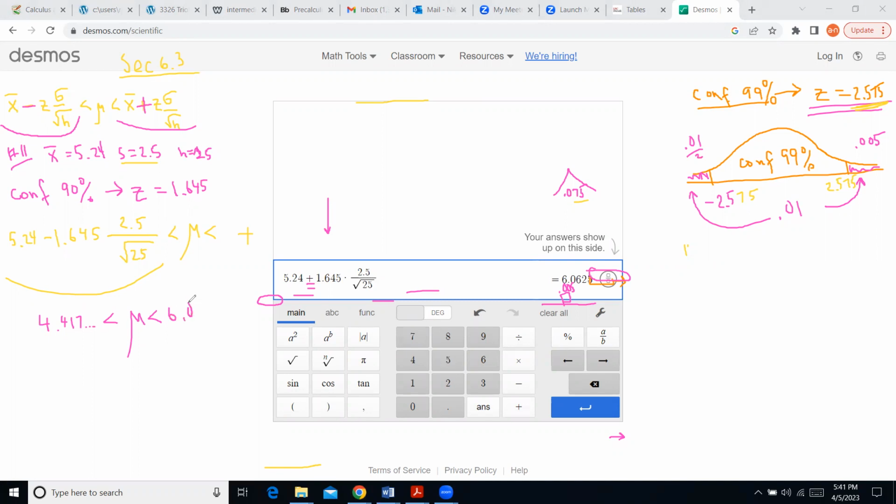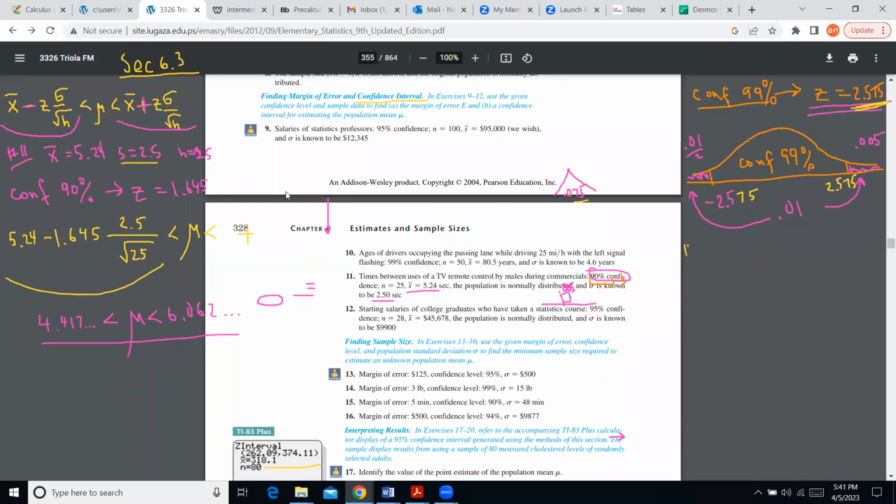So we just made an estimate, based on that sample, for the average of the entire population. How about that? Population mean was estimated. Is it 4, is it 6 or 5?